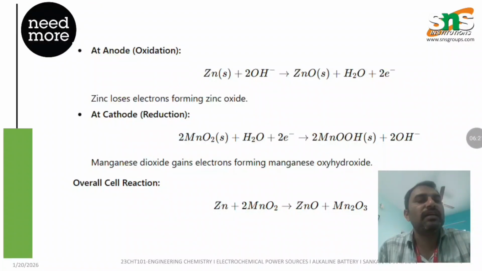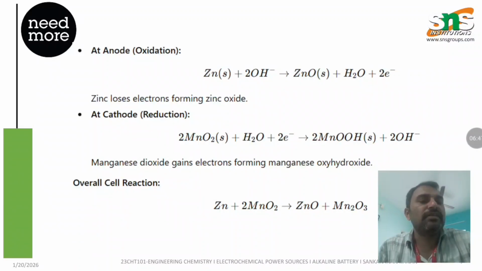What is the reaction? In oxidation, zinc loses electrons and gets oxidized, forming solid zinc oxide and water, and two electrons come out. At the cathode, manganese dioxide accepts the electrons produced at the anode.